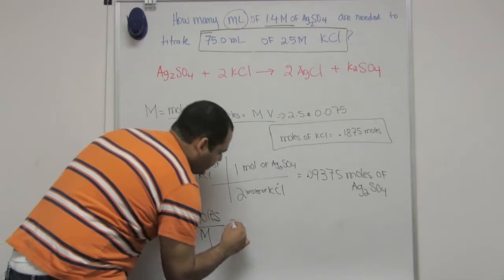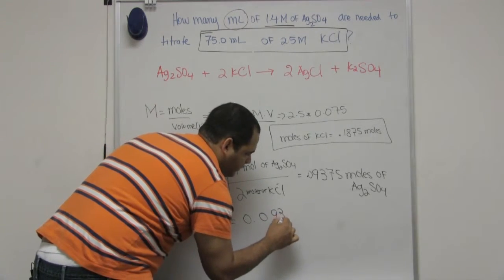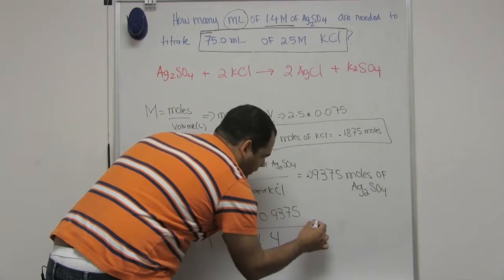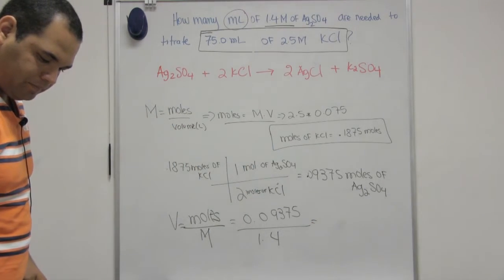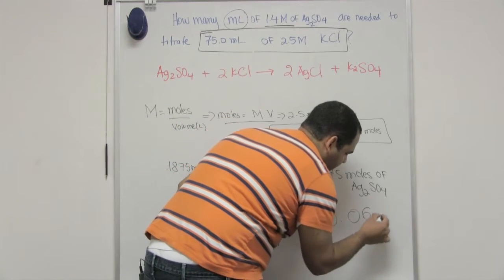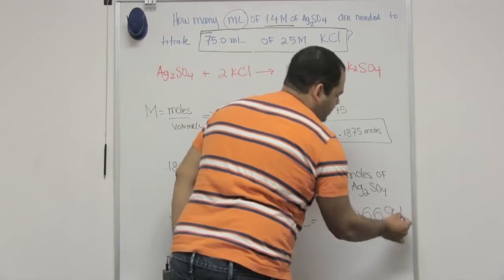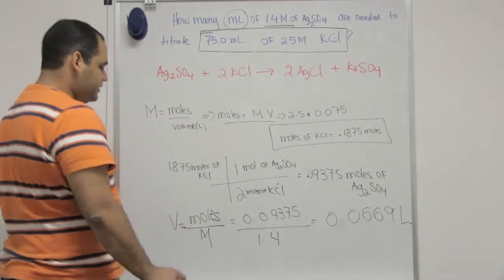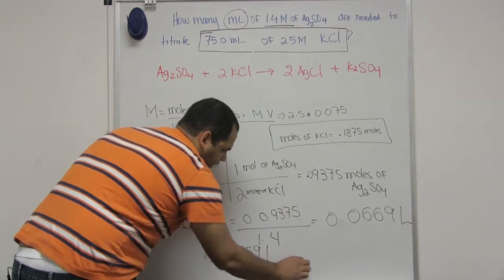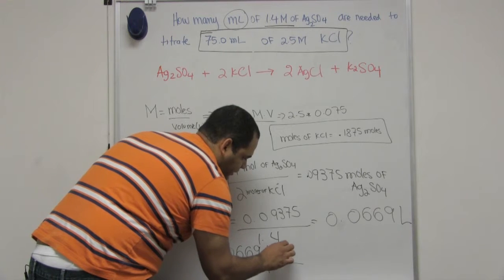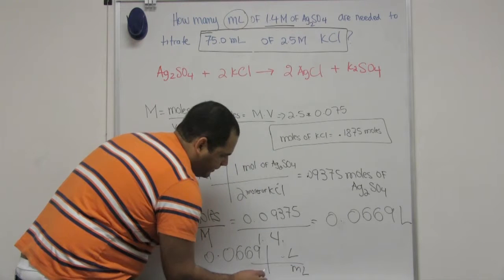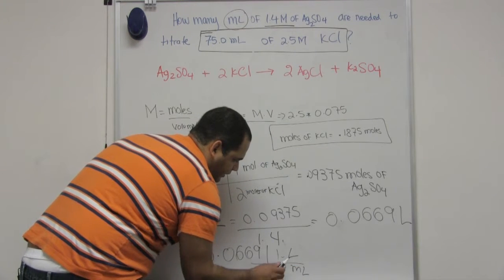I have the number of moles there, 0.09375. I divide by 1.4, and this gives me 0.0669 liters, but my answer needs to be in milliliters, so I multiply 0.0669 by 10 to the third, since between liters and milliliters it is 10 to the third.